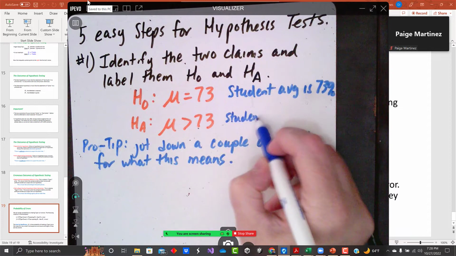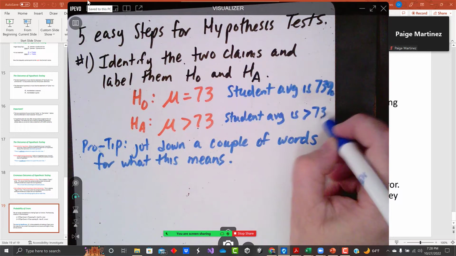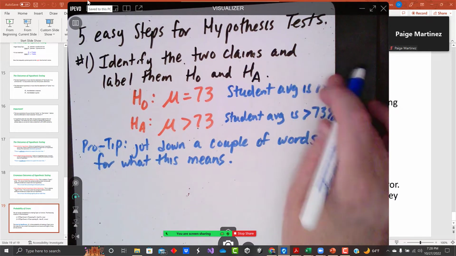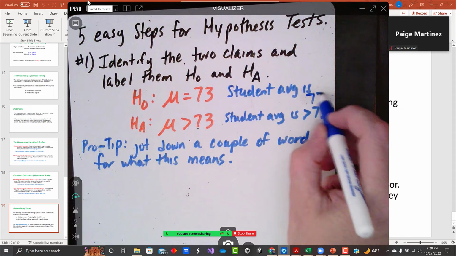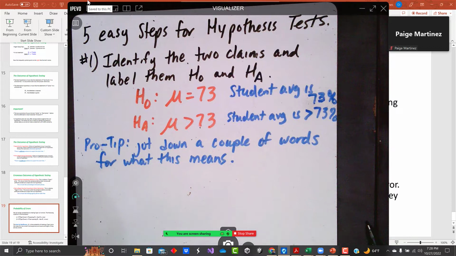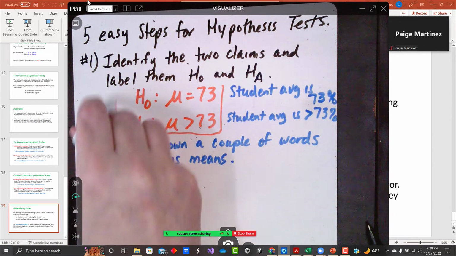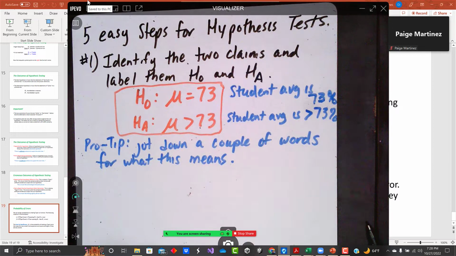Student average is higher, greater than 73%. This part is essential. This part on the right will help you later on, when we're making our statement of conclusion.